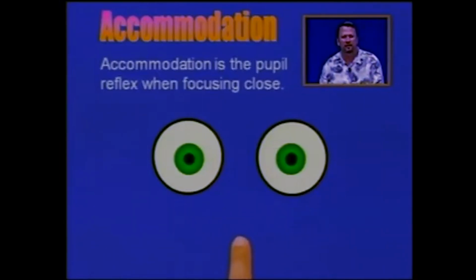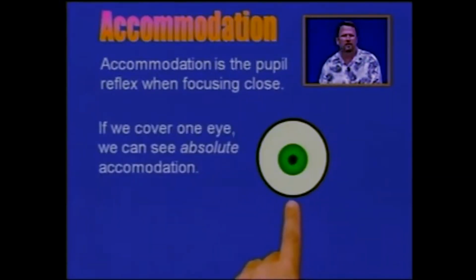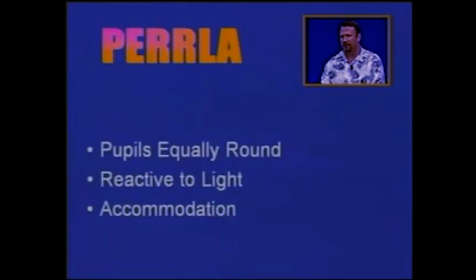And this doesn't have anything to do with crossing the eyes because we can test absolute accommodation. If we cover one of the eyes and the open eye focuses on something more close, the pupil gets smaller. So this is absolute accommodation.